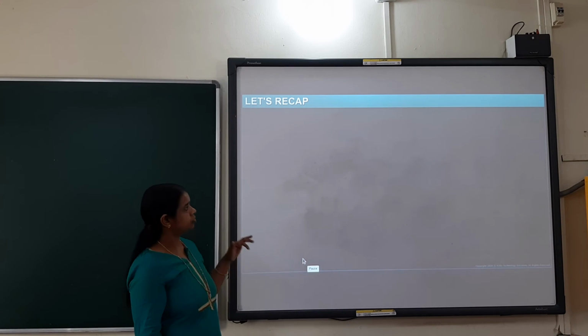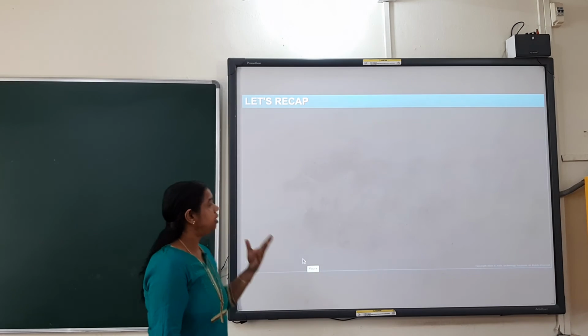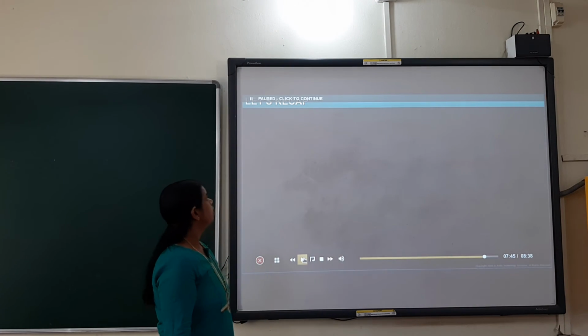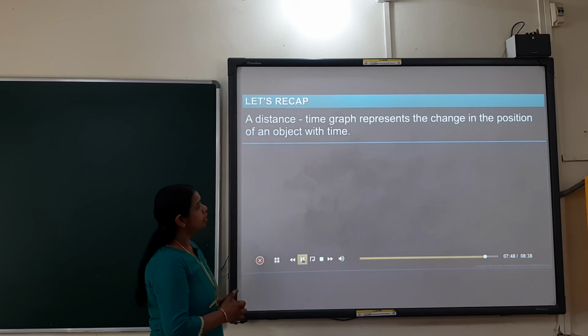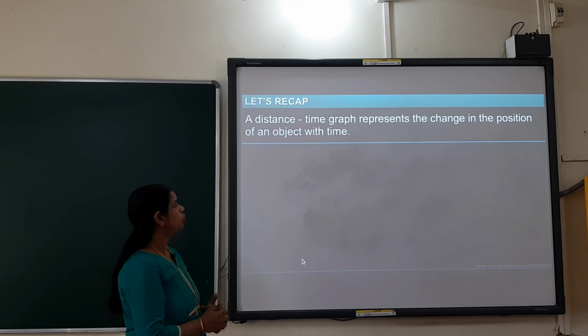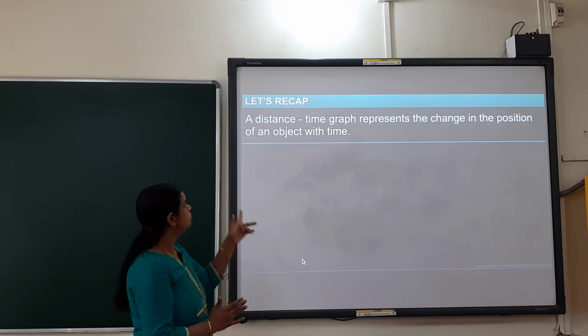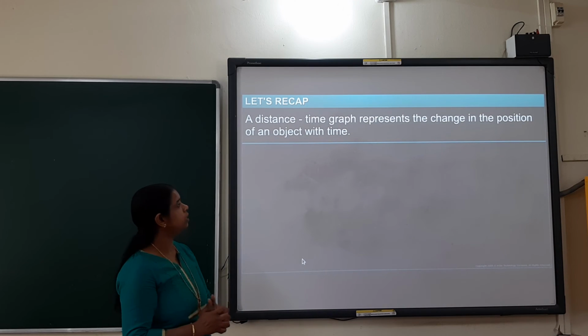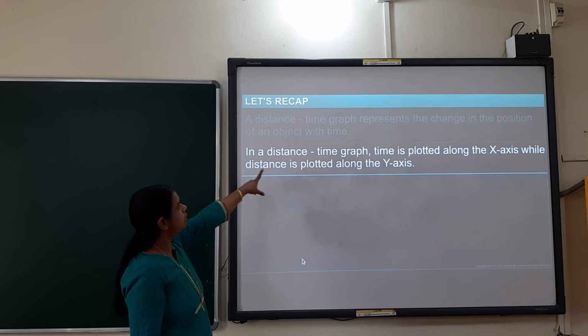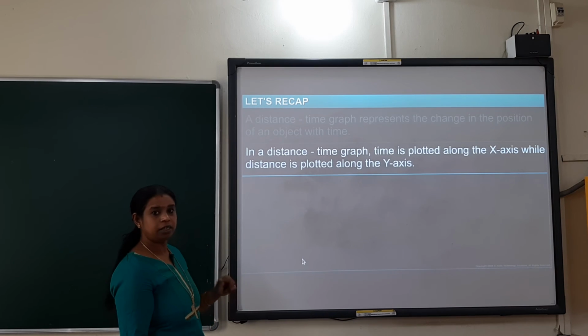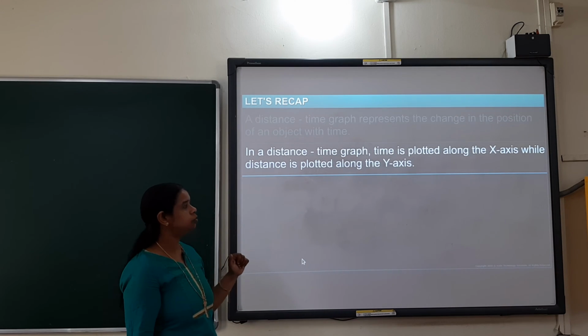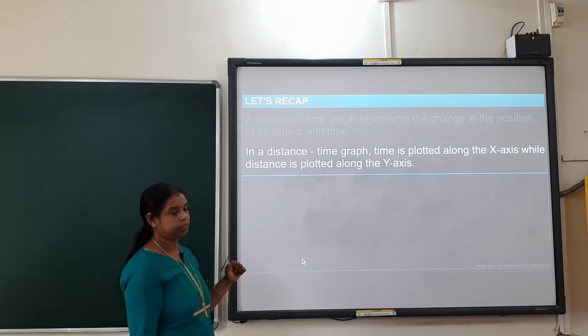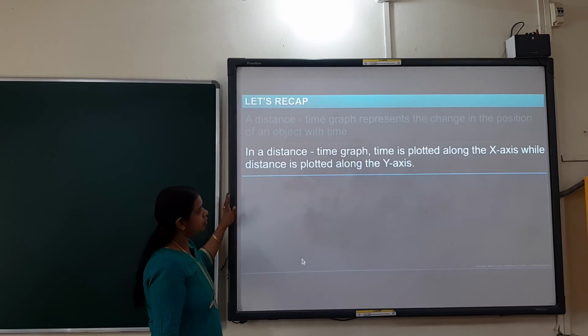Now here is what we studied in the graph. The distance time graph represents the change in the position of an object with time. What does a distance time graph represent? Change in distance. In a distance time graph, time is plotted along the x-axis, while distance is plotted along the y-axis.